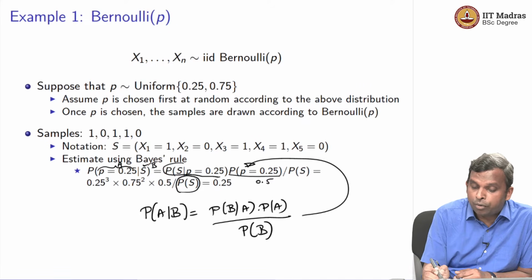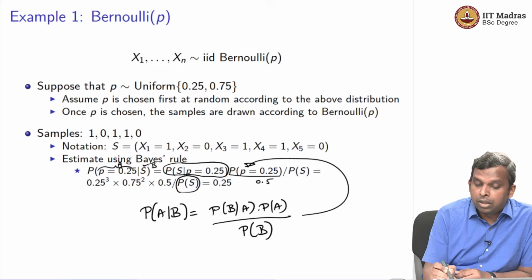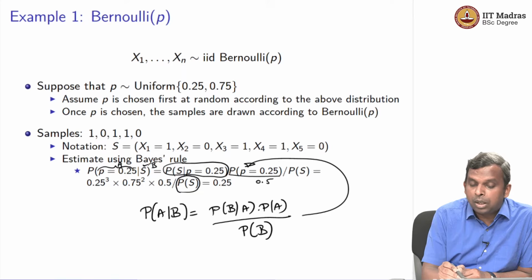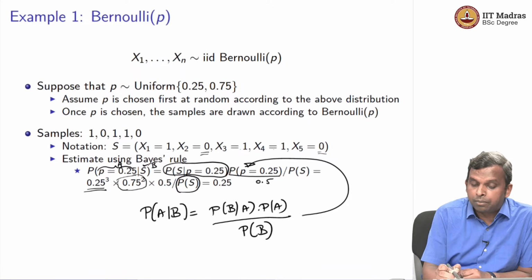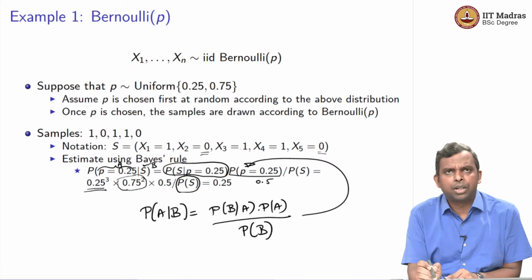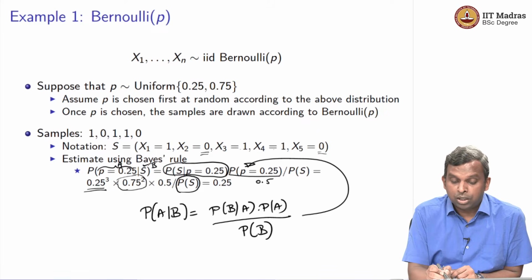Given the probability of 1 is 0.25, what's the probability that you will observe S? 1 got observed 3 times, so I need 0.25 to the power 3, and 0 got observed twice, so you get 0.75 squared. This is just a typical repeated Bernoulli calculation. So S given P equals 0.25 is simply 0.25 to the power 3 times 0.75 squared.